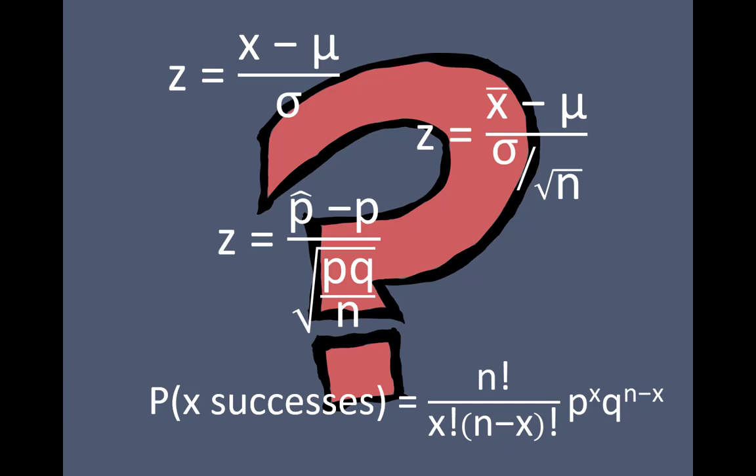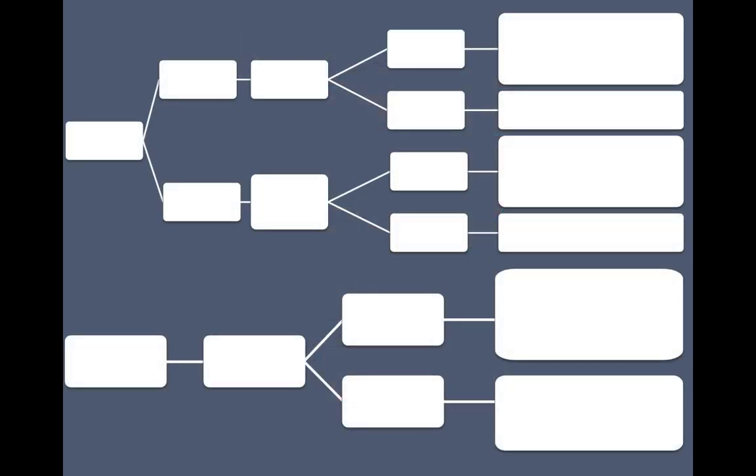Well, let's go through a flow chart together to help us decide which of the four we should be using. Now, this flow chart is available in the Unit 2 content section, and I highly encourage you to download it or print it out and fill it out as I go through the videos. So please feel free, as I go through the video, to pause it at any specific spot and write down the information.